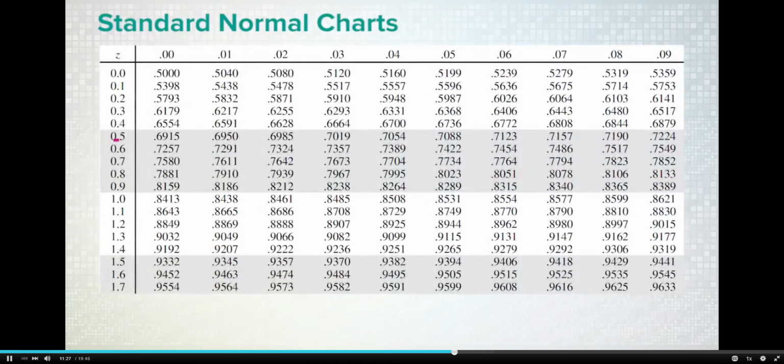Go to your table, look up 0.6 on the left and 0.07 on the top. Go over and down, and what you'll find is the proportion of values such that z is less than 0.67 is 0.7486.